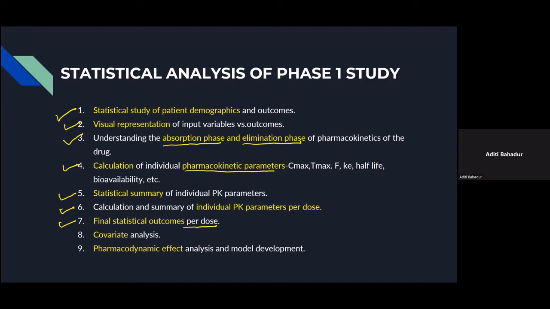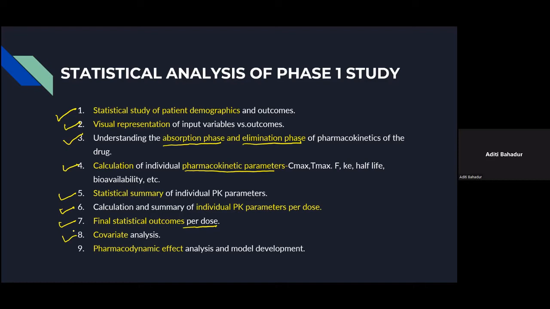So this gives us final statistical analysis outcomes per dose, which helps us in our dose selection. Hence we are exploring different outcomes in different doses.